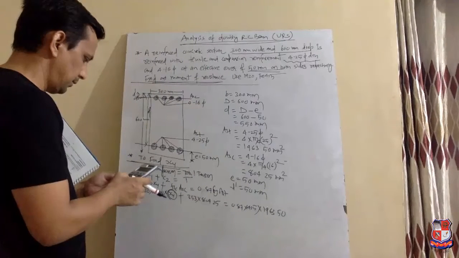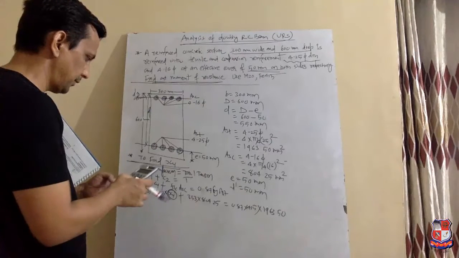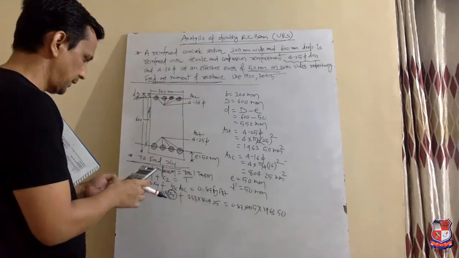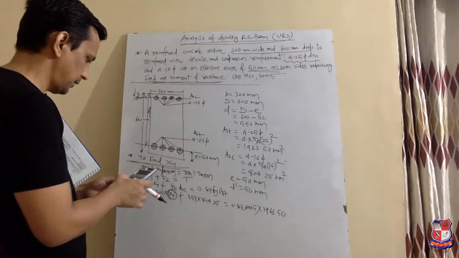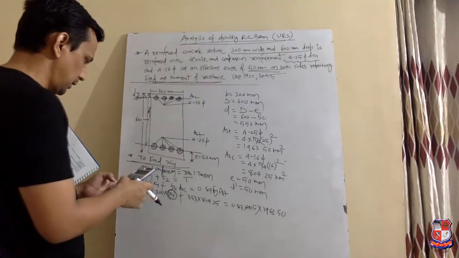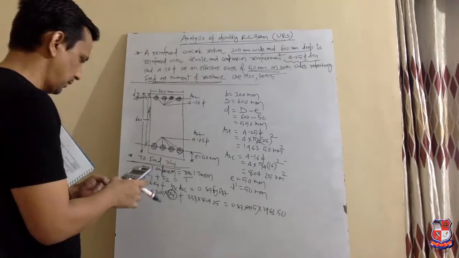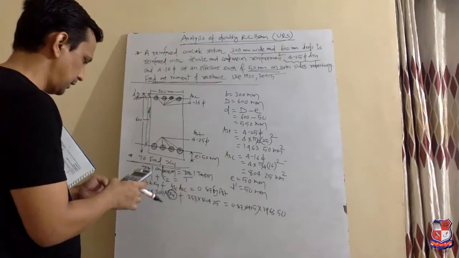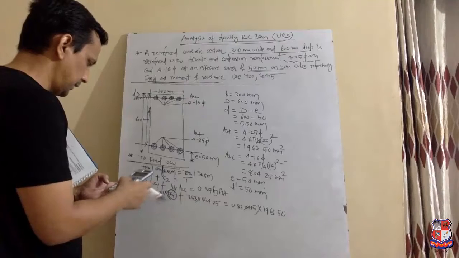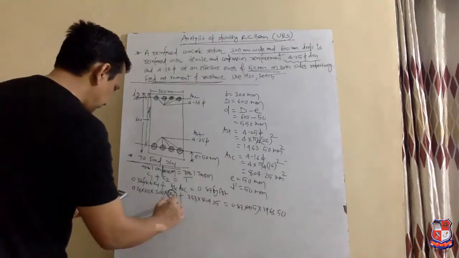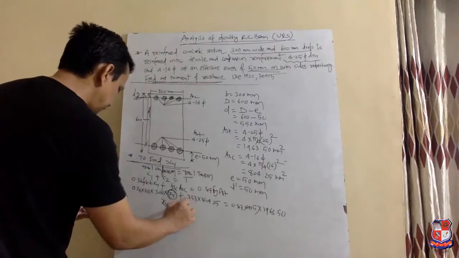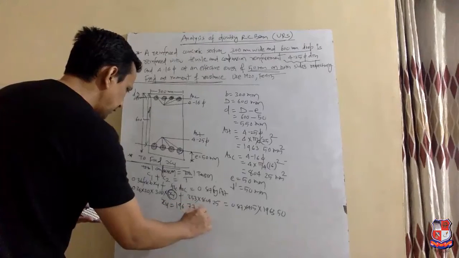That's why in this way, when we calculate this, 0.87 into 415 into 1963.50 minus 353 into 804.25, divided by 0.36 into 20 into 300, we get the value of XU as 196.77 mm.